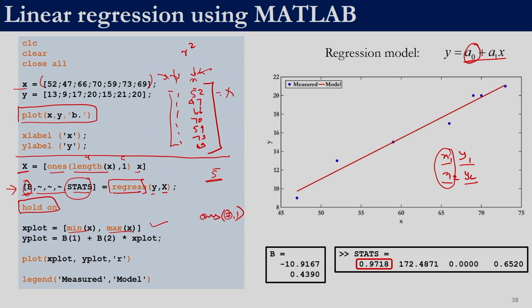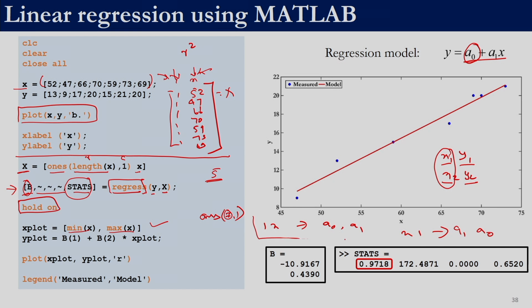Had we interchanged these 2 columns, the values in b would also be in that order. So we would not get a0 comma a1, we would get a1 comma a0, right. If we give 1 comma x, we are going to get a0 comma a1, right. But if we had given x and 1, the coefficients would have been in the order a1 and a0, right.